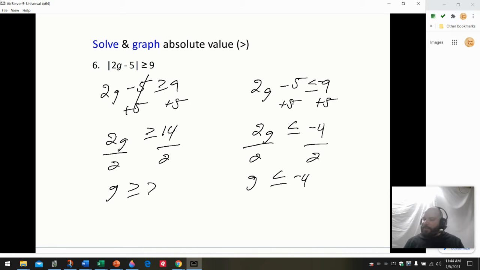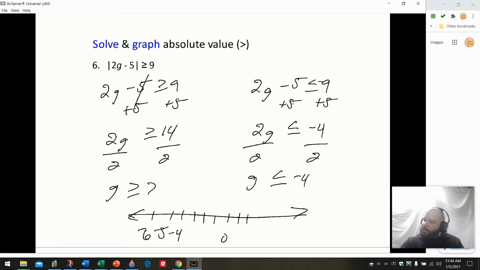Now in this case, this one would not be one that you could combine, and here's why. When I go to graph this, if here is negative 4, and then there's negative 5, and we'll call this negative 6. And then 3, 2, 1, 0, 1, 2, 3, 4, 5, 6, 7.